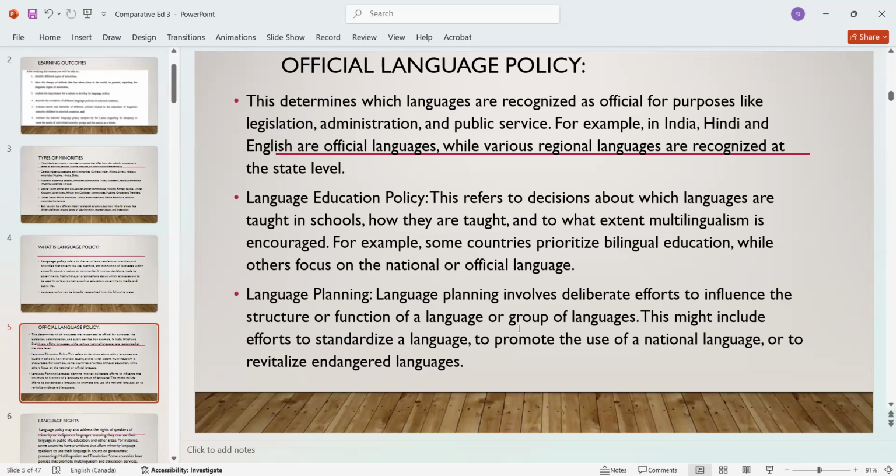And the other part is language planning. Language planning involves deliberate efforts to influence the structure or function of a language or group of languages. This might include efforts to standardize a language, to promote the use of a national language, or to revitalize endangered languages.